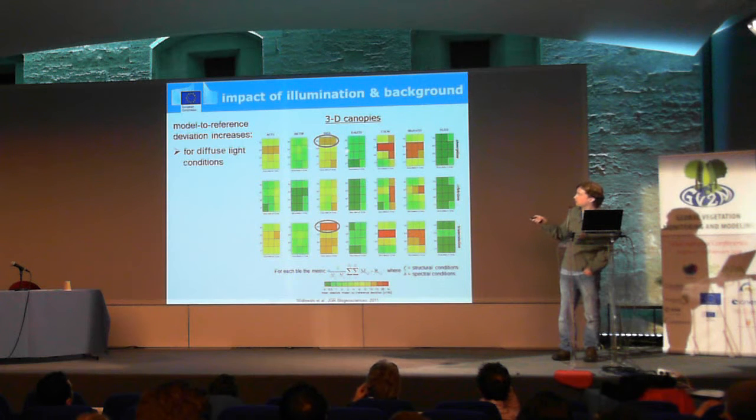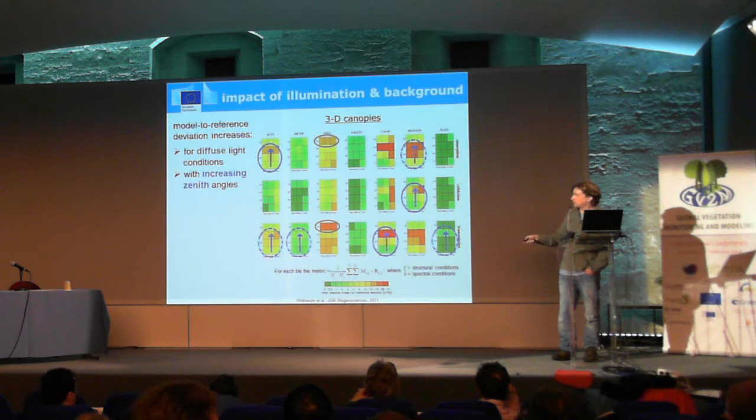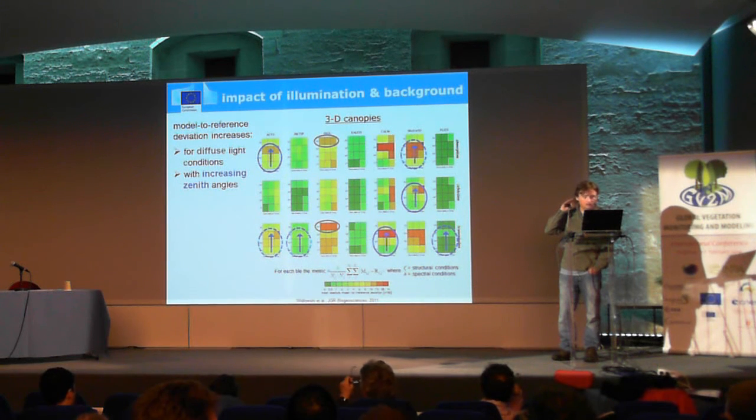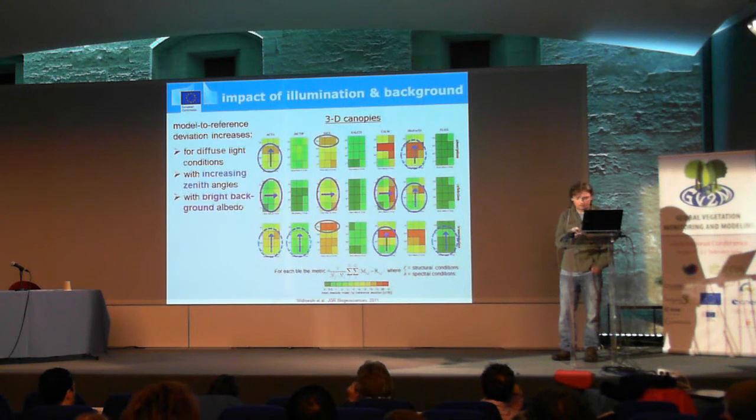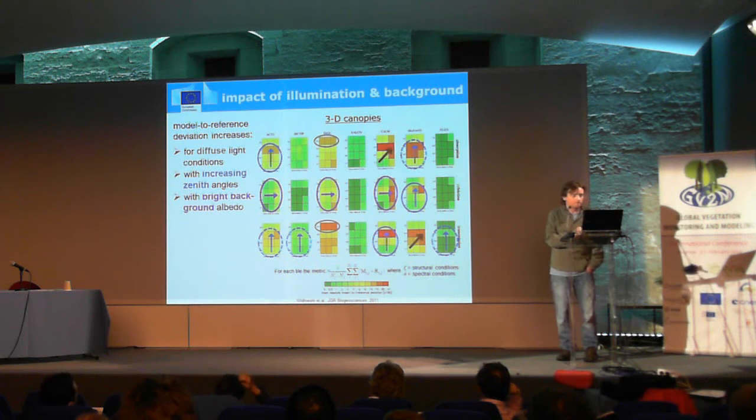In the 3D cases, the same is also true for some models. We have big areas where we have diffuse illumination conditions, but also generally with increased zenith angle, as the sun becomes further away, and with the albedo of the background as well.